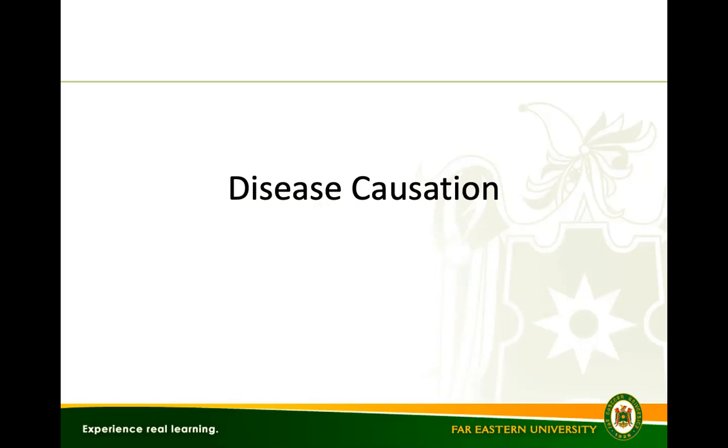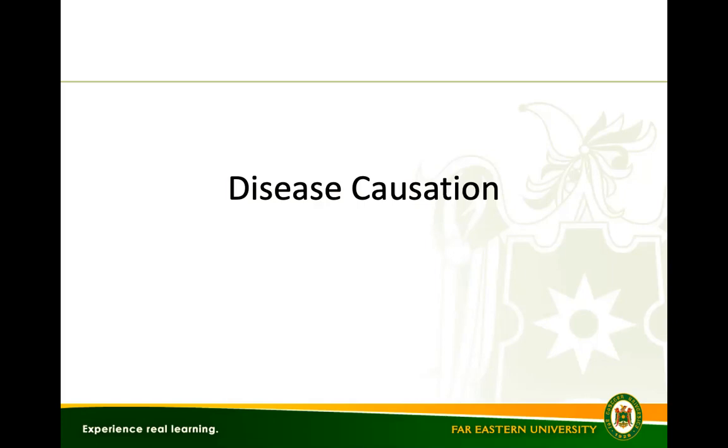Just to mention a few, let me share the germ theory. The germ theory is one of the earliest theories of disease causation, proposed by Pasteur, which describes microorganisms such as viruses, bacteria, and protozoa as the causative agents of infectious disease. So that is according to the germ theory.